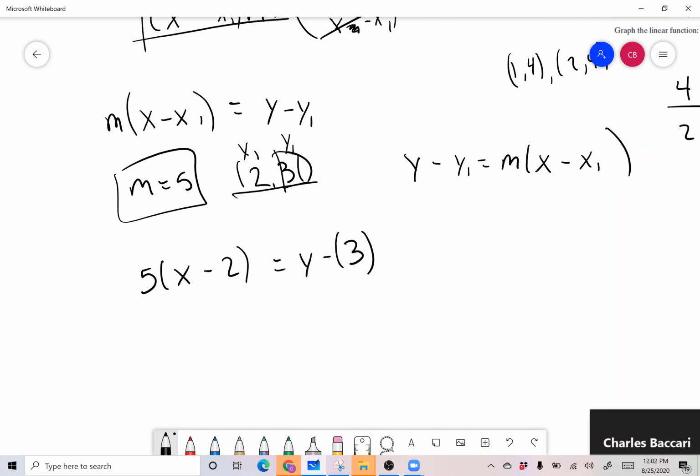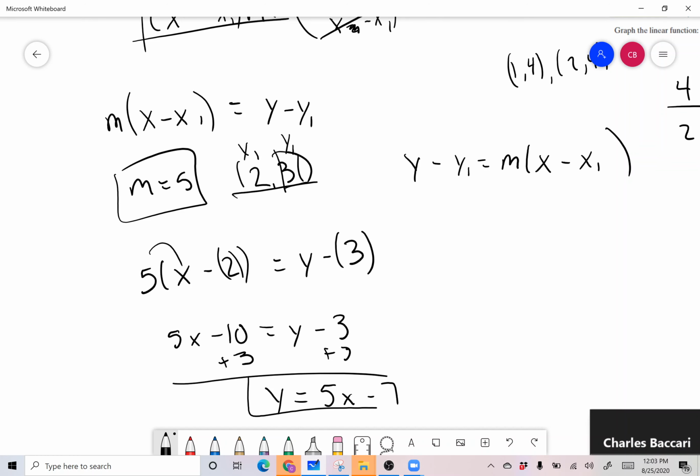I'll put parentheses because that belongs there. So let's distribute. This is 5x minus 10 is equal to y minus 3. Add the 3. y is equal to 5x minus 7. And that is that.